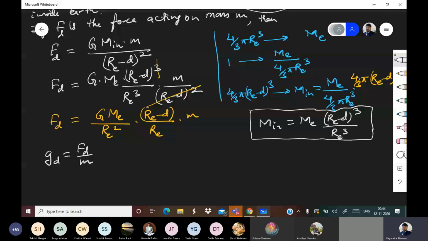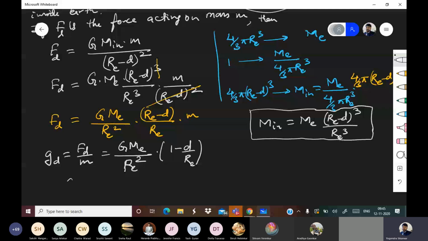So that will be G ME upon RE square into 1 minus d upon RE. Now G ME upon RE square is nothing but g at the surface.